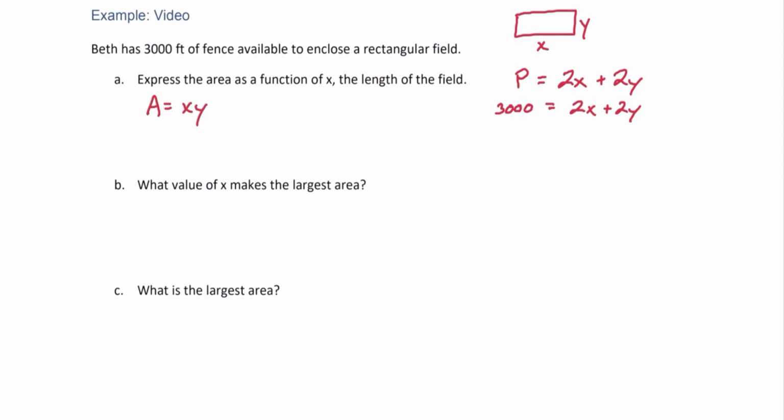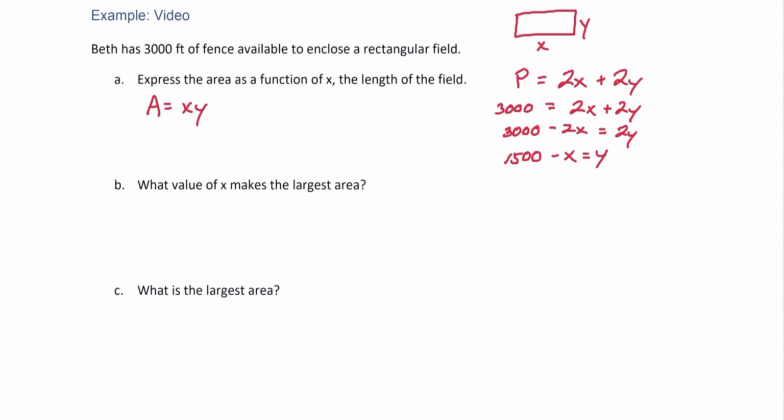And now our goal is to isolate the y. So we'll subtract 2x on both sides. And then divide by 2. We get 1,500 minus x equals y.